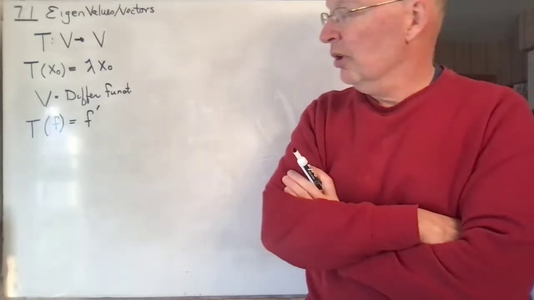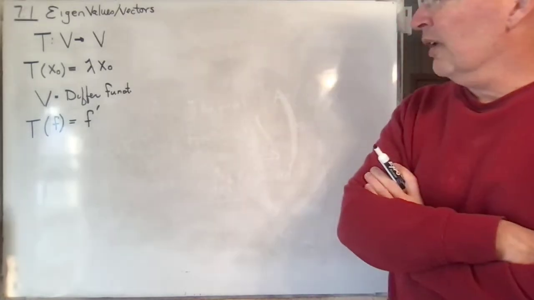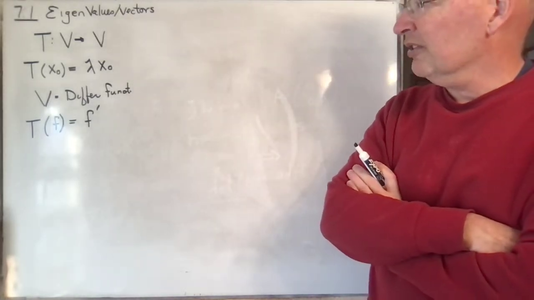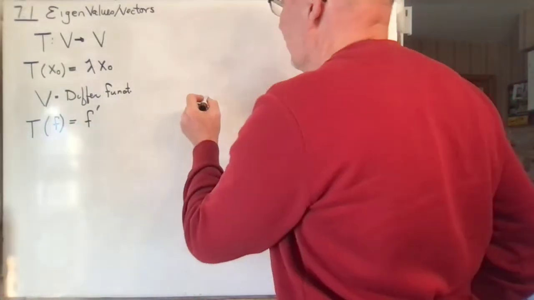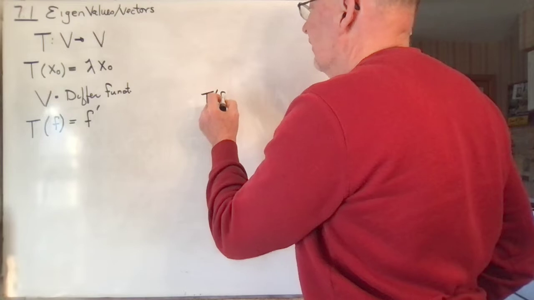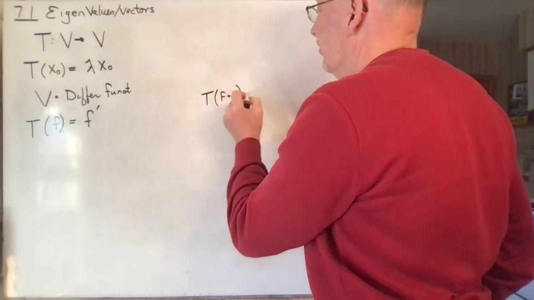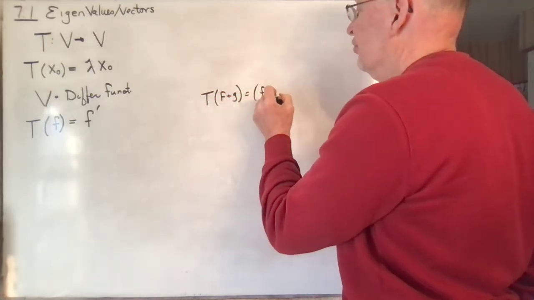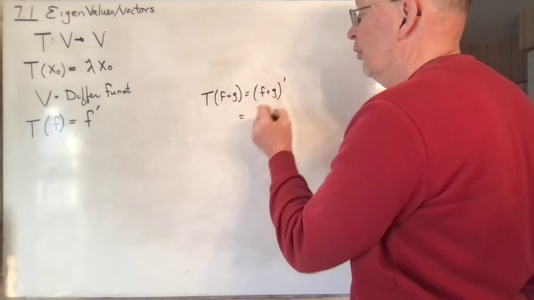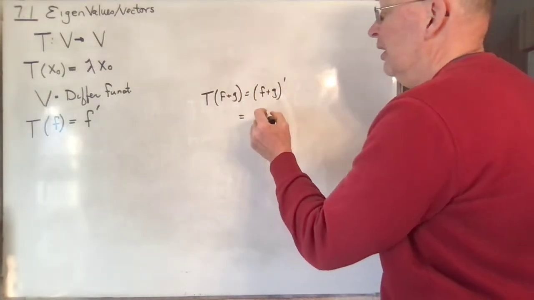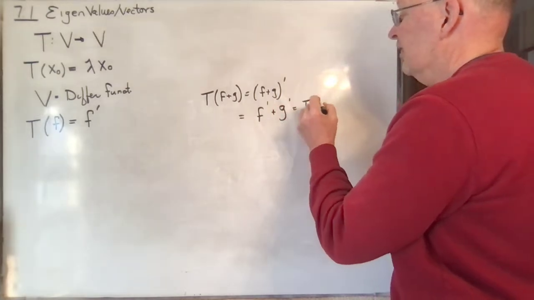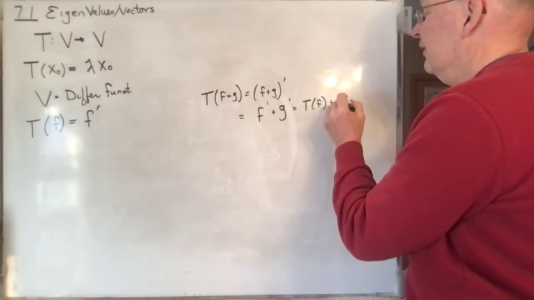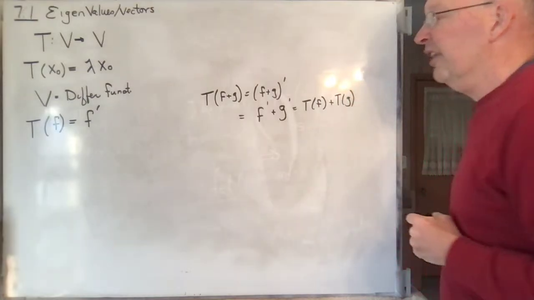So we showed earlier that that's a linear transformation, because what are the two things you have to show? T of f plus g, let's remind ourselves, is the derivative of f plus g, but we know that the derivative of the sum is the sum of each one, and that's equal to T of f plus T of g. So that's one thing that has to be shown.